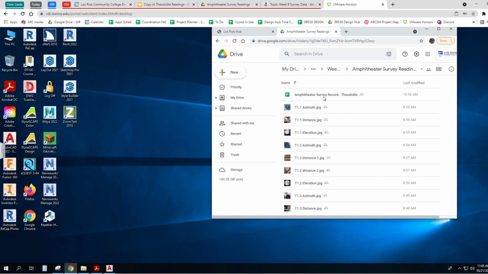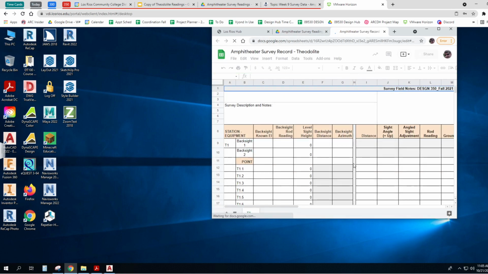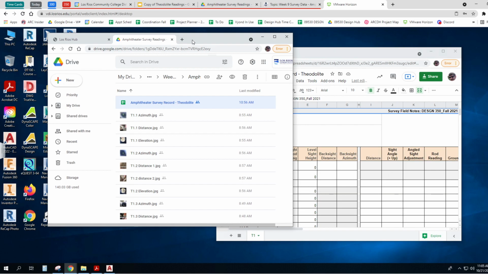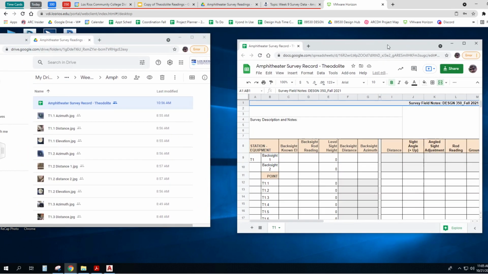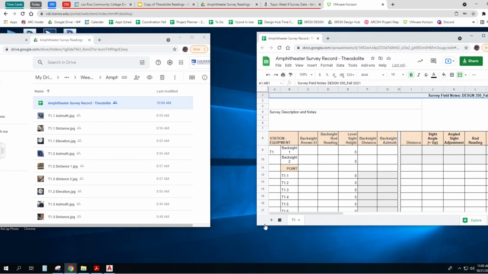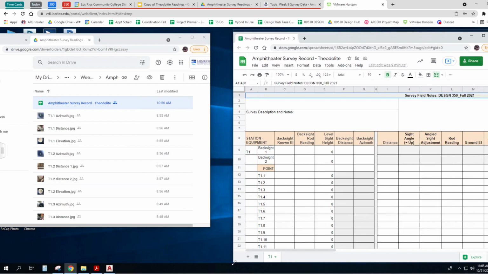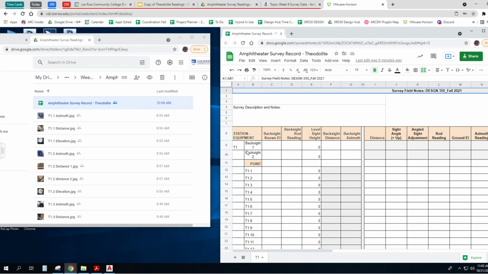So the first thing is I need a new survey record. I'm going to open this one up, and you'll notice it's a little bit different. And I'm going to pull it off, and I'm going to put these side by side so that I can see them. And what you're going to see is I'm not doing back sights on this one.